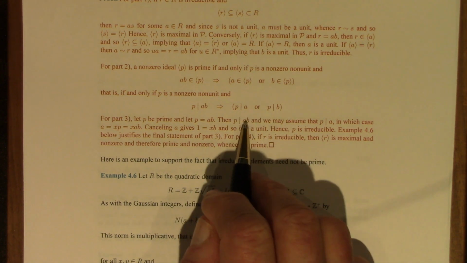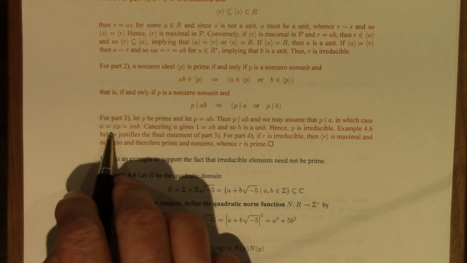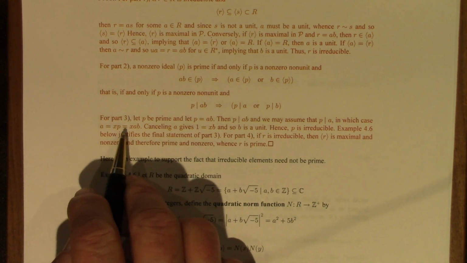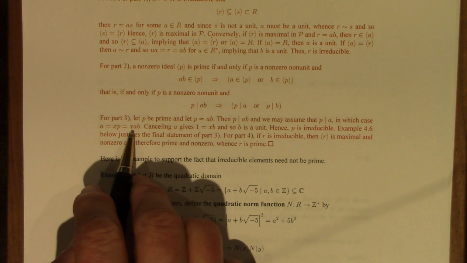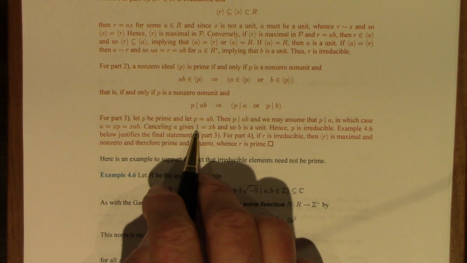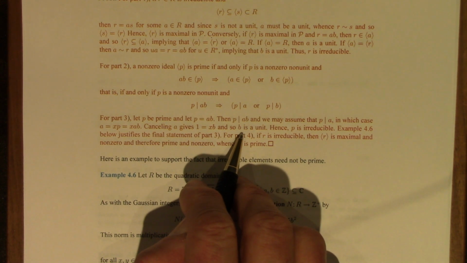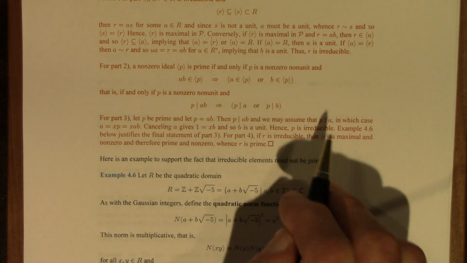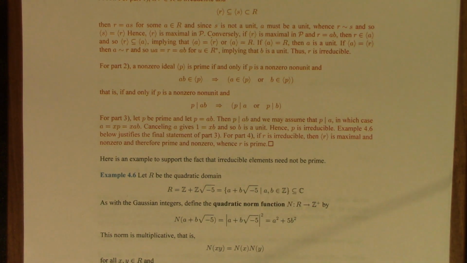And we can assume by symmetry here that p divides a, in which case a is xp, which is xab. x is just an element of the ring, so we cancel the a's and we get 1 equals xb. b is a unit. Okay. So p is irreducible. We're going to do an example in a minute to show that the converse does not hold.